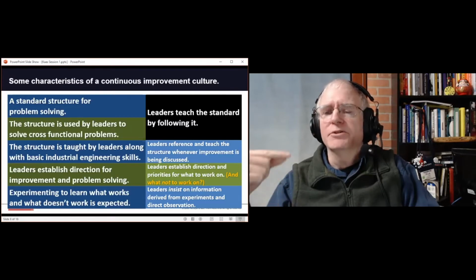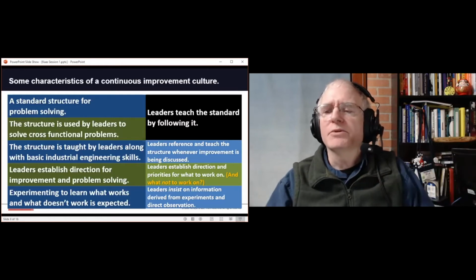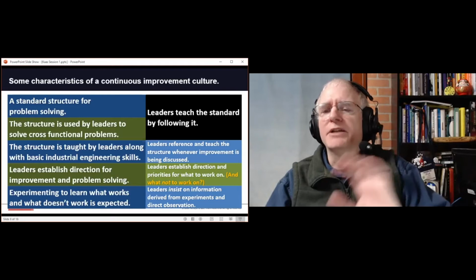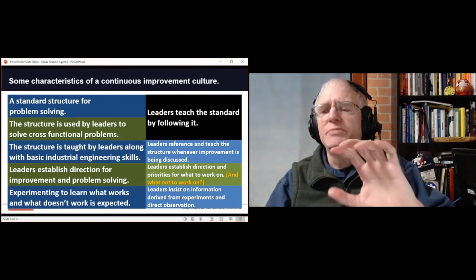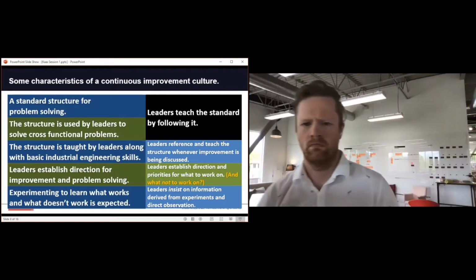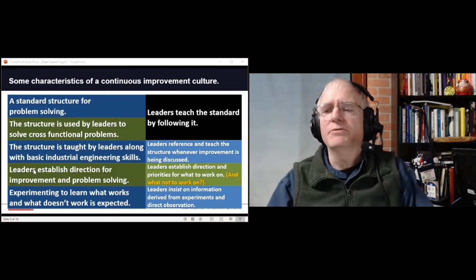And do leaders push on getting information from experiments or direct observation, versus weighing opinion and that sort of thing? So that's really what I'd like to do, is have you all discuss the differences between your organization and this picture. Okay, so let's take 10 minutes and do that.